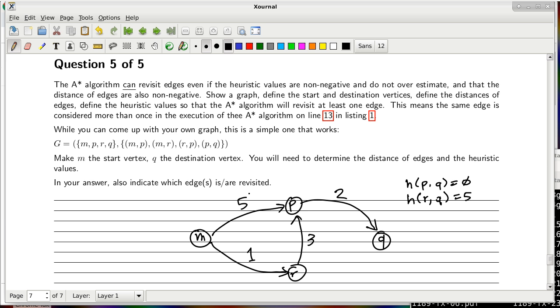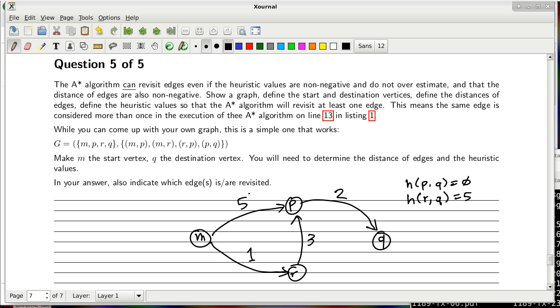Then we'll figure out that G of Q can be 4 plus 2, which is 6. 6 is less than G of Q at the time, which is 7. Then it will trigger the algorithm to update the G value of Q, the F value of Q, and also the previous of Q. Basically the point is that the edge PQ is used again. So this will definitely do the trick.